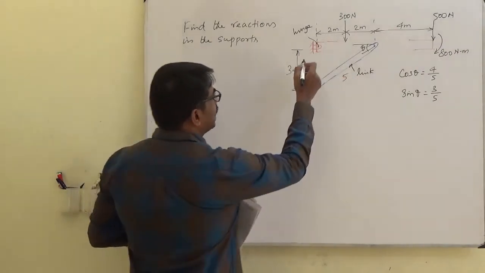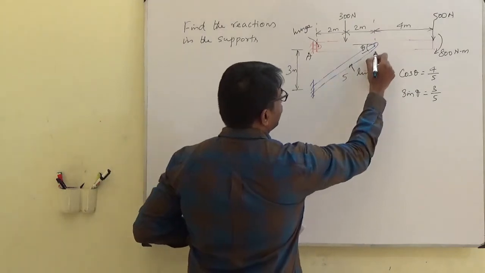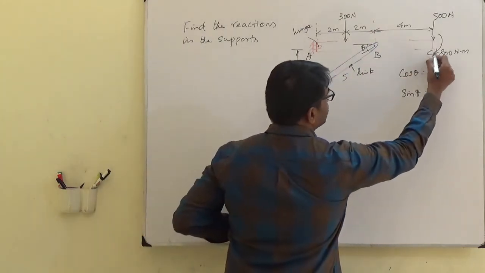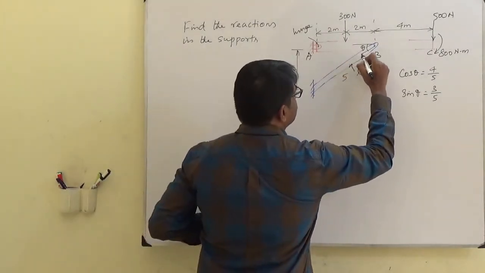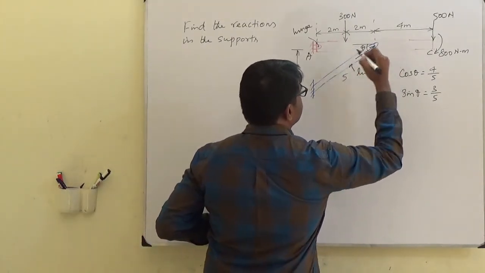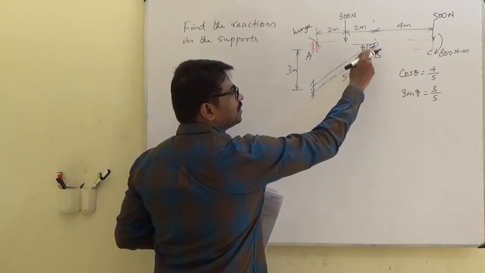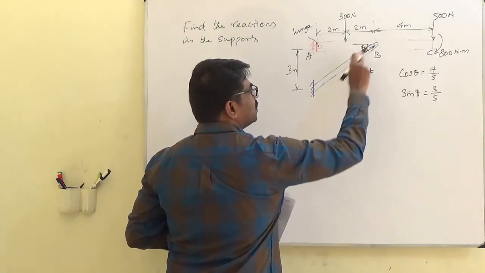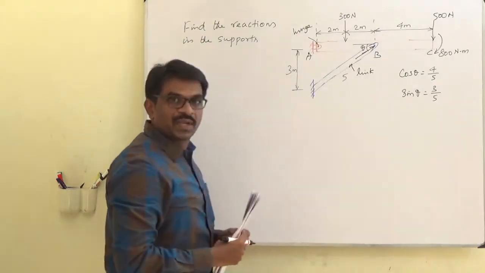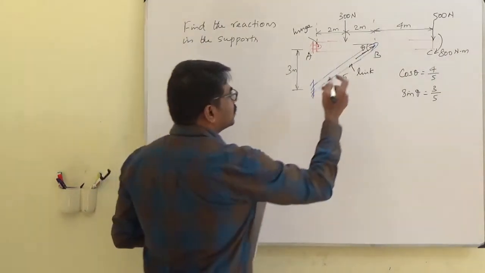So if we name this as A and this as B and this end as C, then there will be one reaction. I am assuming a direction. The sense I do not know, I am assuming it. So there is one force as a reaction.